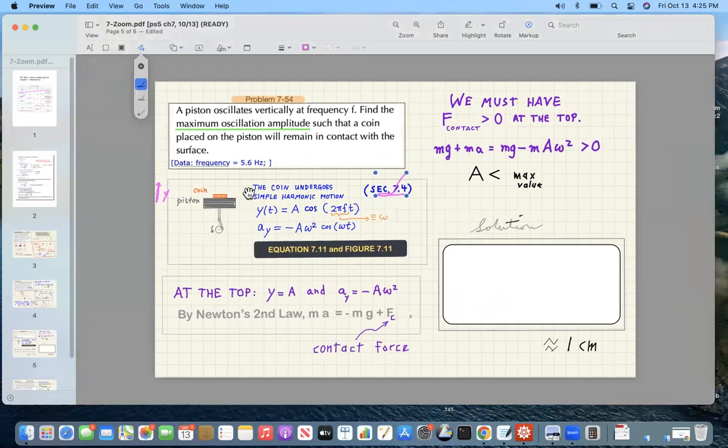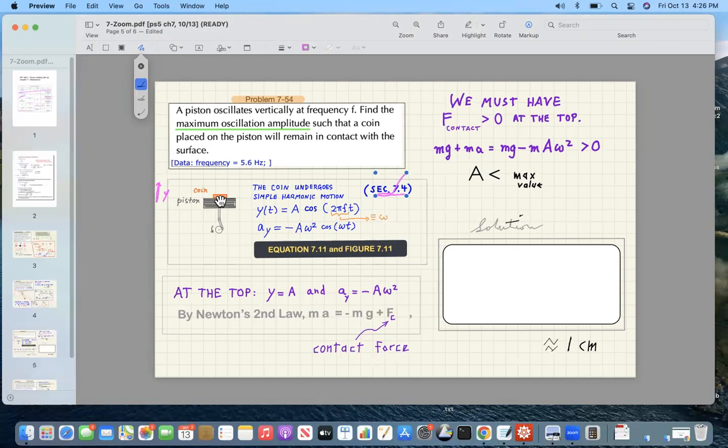So we're asking, will the coin remain on the piston? Now you can sort of visualize in your mind's eye, if the piston's going very fast, it'll bounce the coin clear off. If the piston's moving too fast, the coin won't remain in contact with the piston.